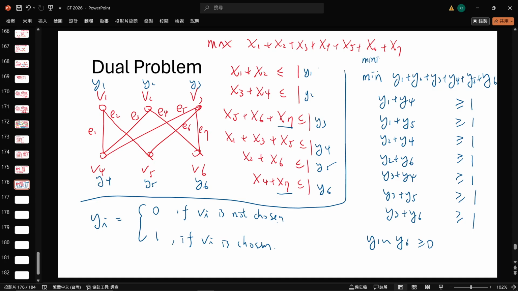So: minimize the number of chosen vertices. That's the physical meaning when you have this binary variable and this interpretation. So the goal is to choose the smallest possible number of vertices.